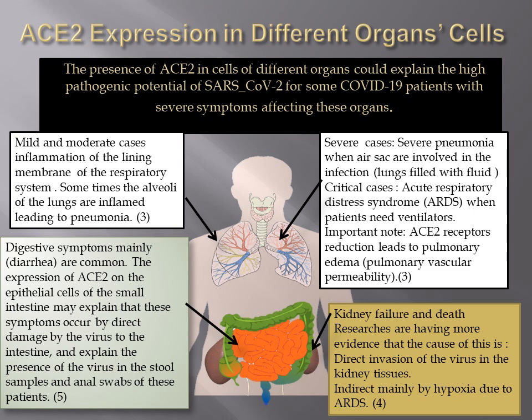And this also explains the presence of the virus in stool samples and in anal swabs of the patients showing these symptoms. So as we can see here, because ACE2 is the receptor of the virus, we have other organs in the body showing symptoms other than the respiratory system.